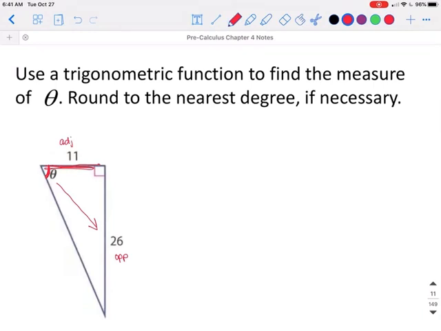Now our trig function that uses opposite and adjacent is tangent. So we know that the tangent of theta is equal to our opposite side over our adjacent side. To get the theta by itself, to move just the tangent, that's when you do the inverse.